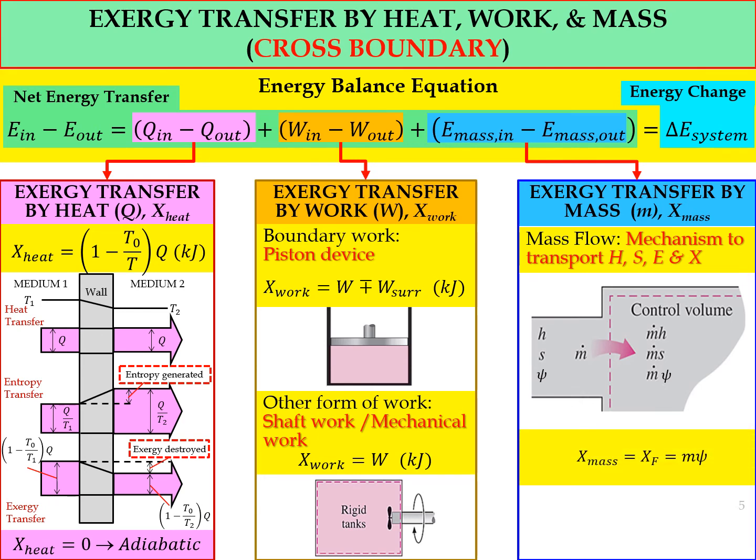So the X mass is equal to Xf, which is for a flow system or control volume, and it is equal to the mass times the psi. For X mass equal to 0, it is a closed system.